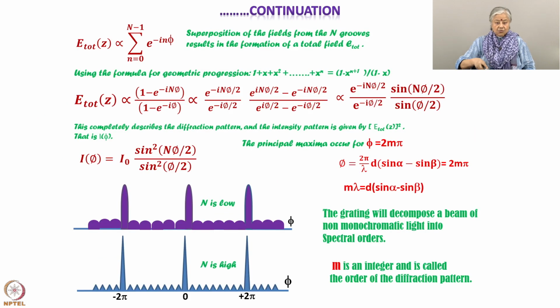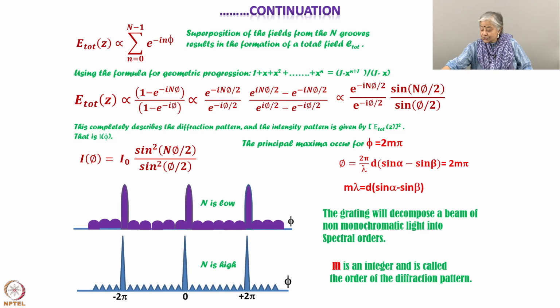Here, what I mean is that n is high, that means n is a large number. So the height of this intensity will become n square. If you take n equal to 10, just as an example, your height will be proportional to 10 into 10, 10 square, that will be 100.